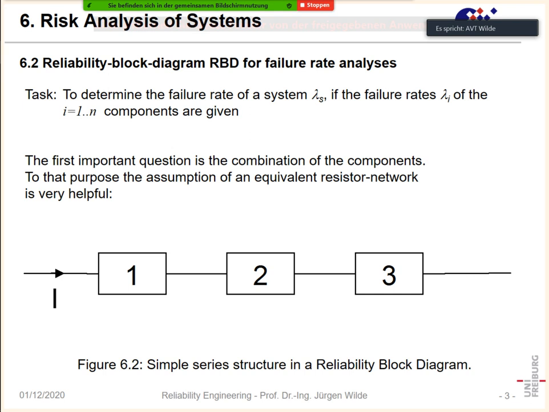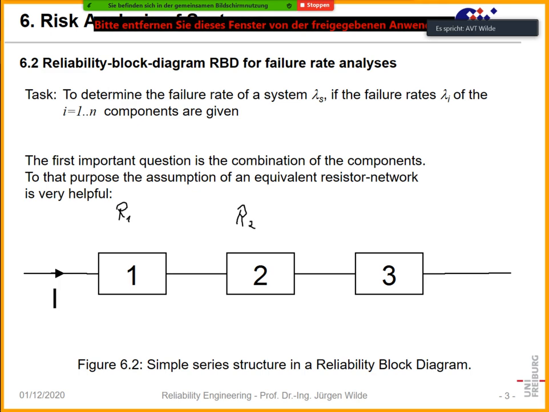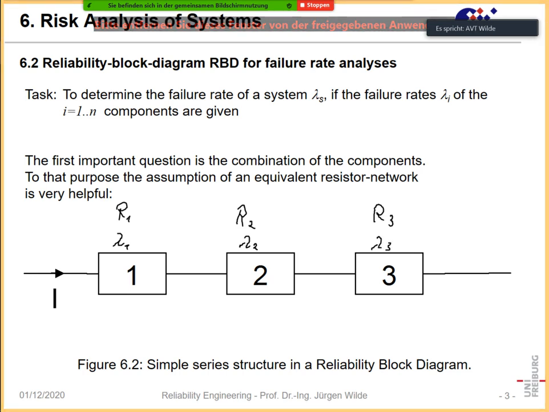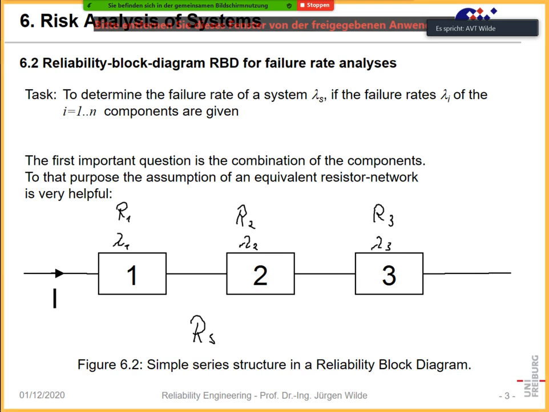Of course, these are not real resistors, also the resistance doesn't matter, but what is relevant here is the reliability. So you could say you have some reliability parameters like R1, R2, R3, or we have lambda 1, lambda 2, lambda 3, and in that way we want to know data, for instance, the reliability of the system or the lambda of the system.